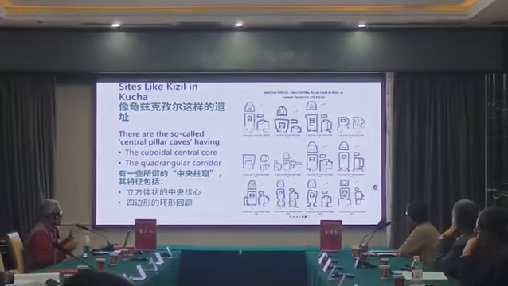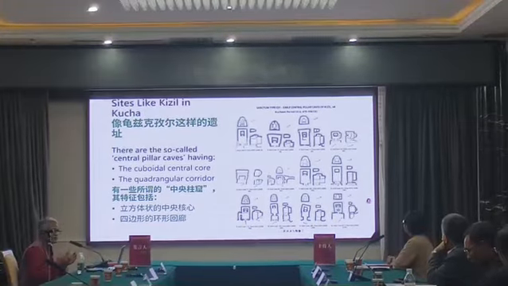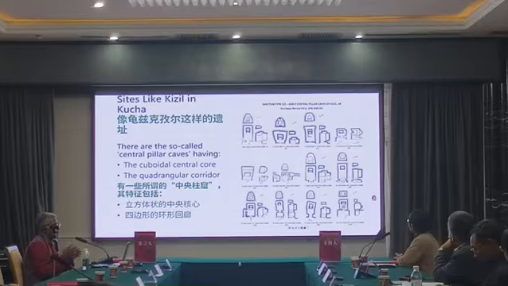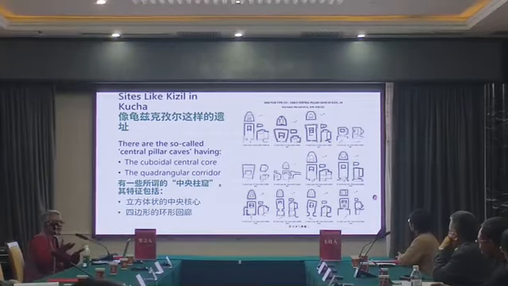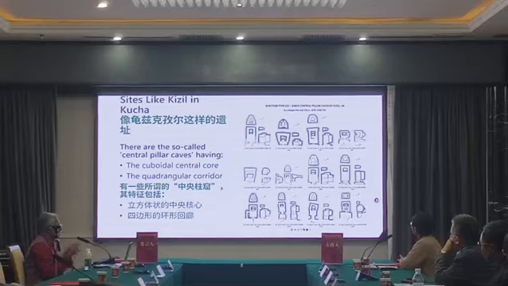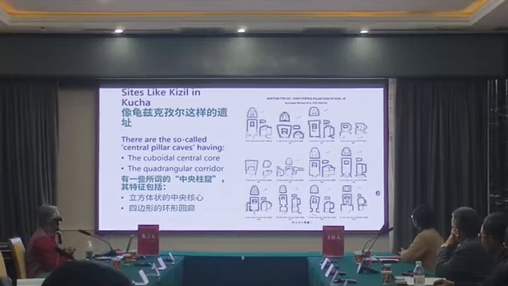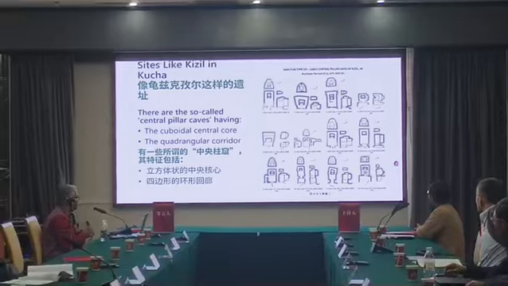You have it in Yunnan, in Dunhuang, in so many places, even in Turpan, and in Kizil. I don't have all those plans with me, and I don't need to show you. You know everything. But I just tried to put together some samples.